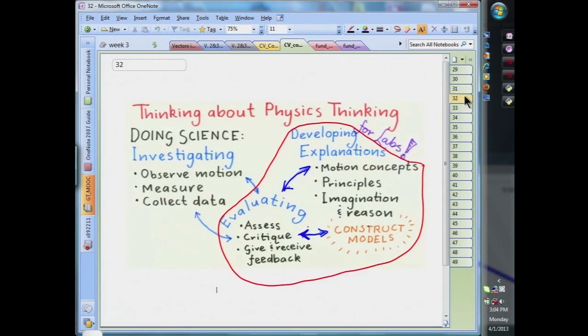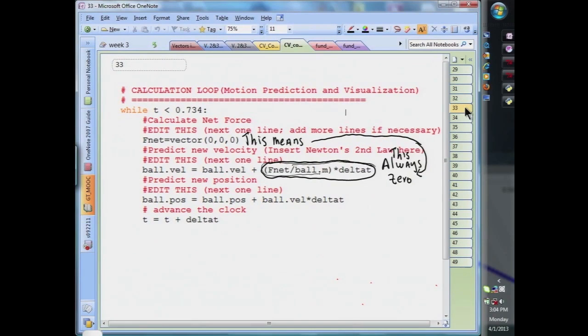We can also apply this evaluation process on the developing explanation side, in this case to refine our understanding. Looking at our computer model, we notice that a change in the velocity, the second term on the right-hand side of Newton's second law, is always 0 because F net is 0.